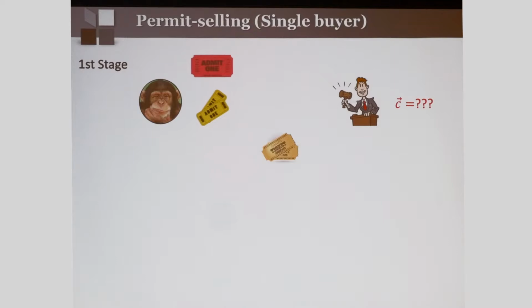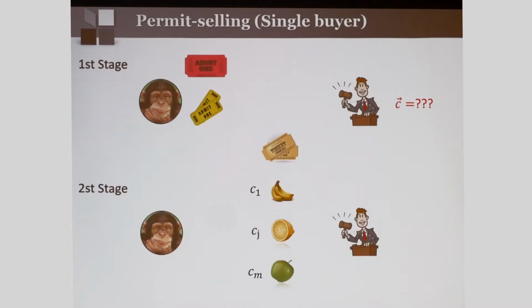And after the buyer buys a set of permits, we come to the second stage where the seller reveals her true cost. And moreover, the buyer is not allowed to purchase an item if she doesn't have a permit for it. Okay? And then the buyer will choose her favorite bundle by paying the item price as the true cost.